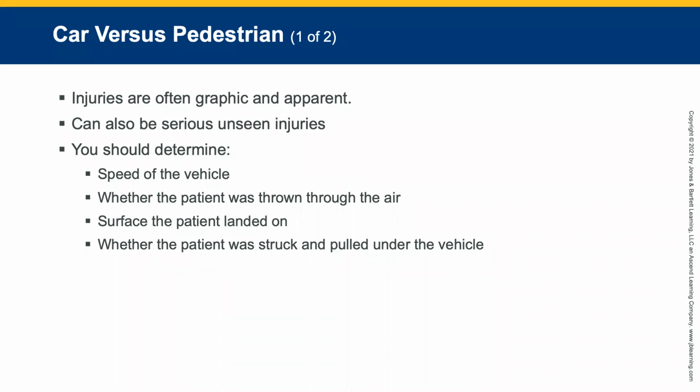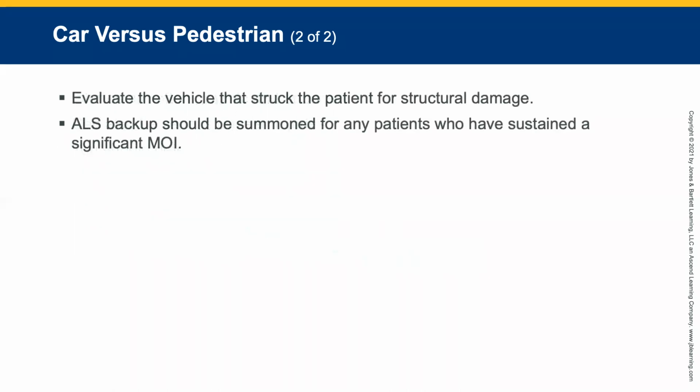We just need to be more cautious and understand what type of injury they sustained from the vehicle versus pedestrian in itself. Evaluate the vehicle that struck the patient for structural damage. Always request ALS backup for any of these patients who are thought to have sustained a significant MOI.